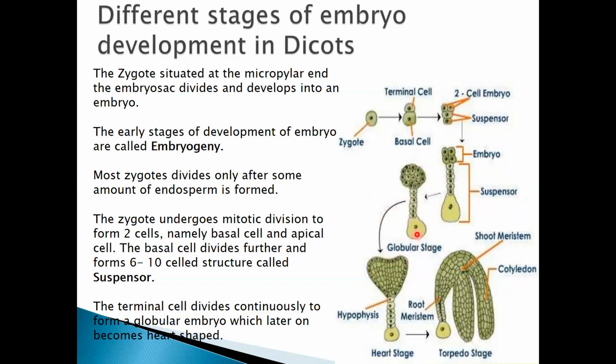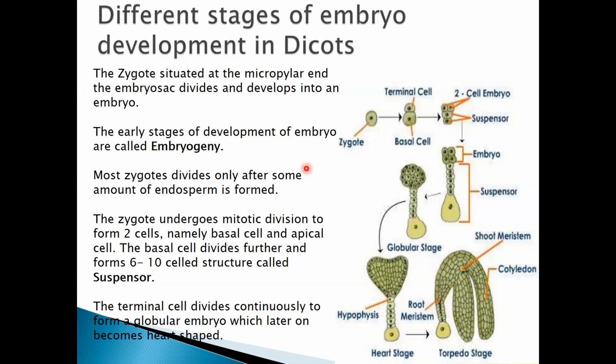Later again what happens? From the globular stage, it forms a heart-shaped embryo along with the suspensor cells, and later it divides further to form a mature embryo where two cotyledons are present, the plumule, hypocotyl, and the root or the radicle part, root cap and the radicle part.